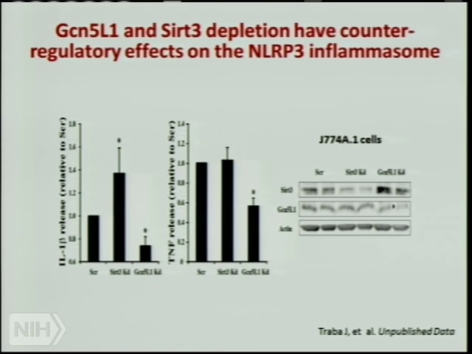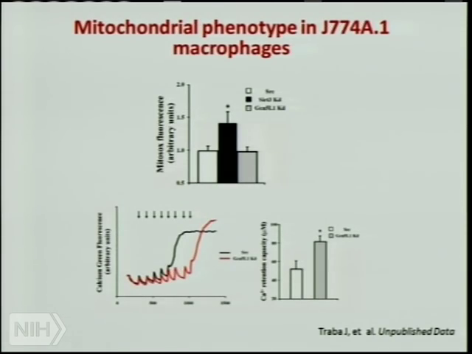Sorry, I just used it as a counter-regulatory and didn't explain it in detail. And again, if you looked at reactive oxygen species, it's down in the GCN5 knockdown, and by incrementally adding calcium to the cell to look at resistance to permeability transition, the GCN5 knockdown cells are much more robust, again suggesting improved mitochondrial integrity.